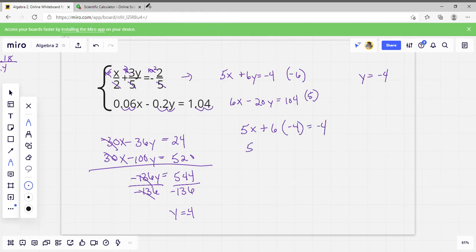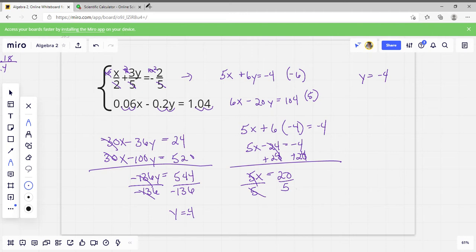And then 5x, 6 times 4 is 24, equals negative 4. And then we're going to add 24. There we go. So that would be 5x equals 20. And then divide by 5.